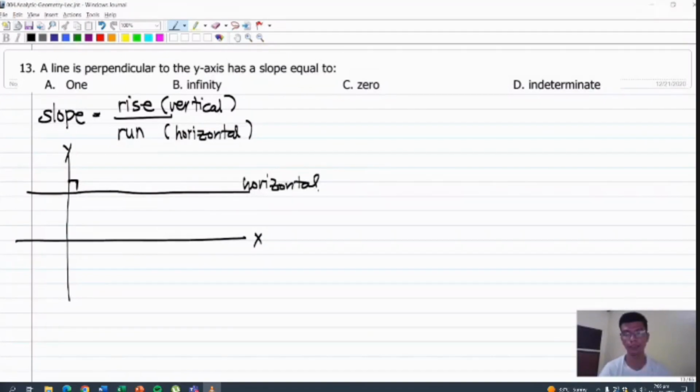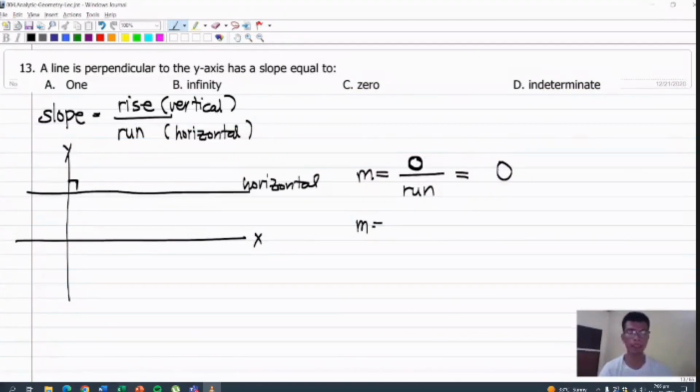So, ang line natin ay purong horizontal lang ang ginagawa, and there is no vertical movement na ginagawa yung line. Meaning, there is no vertical unit na nabubuo sa ating line, and meron naman siyang run, dahil horizontal line siya. Pero alam natin that any number na mayroong numerator na 0, that is equal to 0.